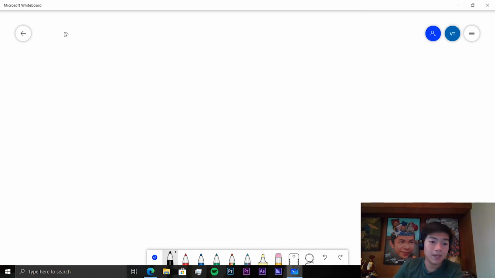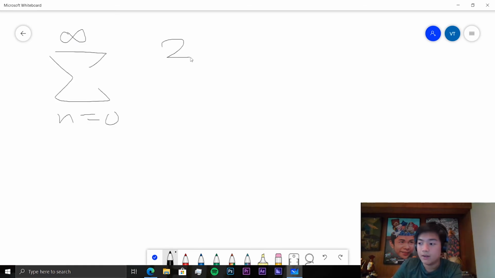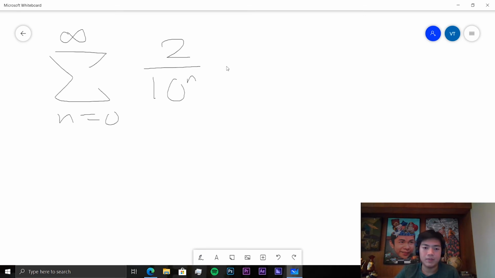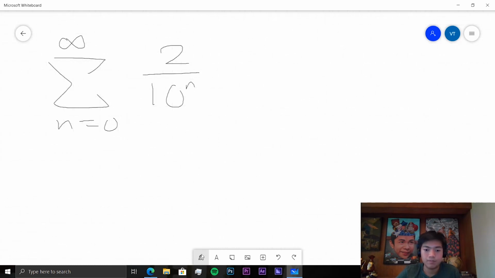On to the next one, we have the sum from n equals 0 to infinity of 2 over 10 to the power of n. And this does indeed look like it converges, but the question is to what? So this will be equal to a geometric series with first term 2 and common ratio 1 over 10.